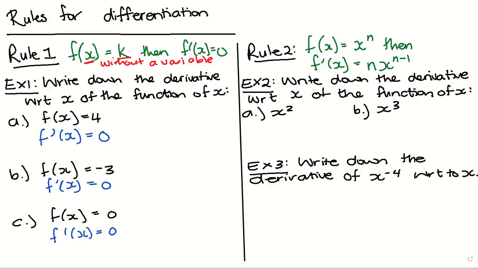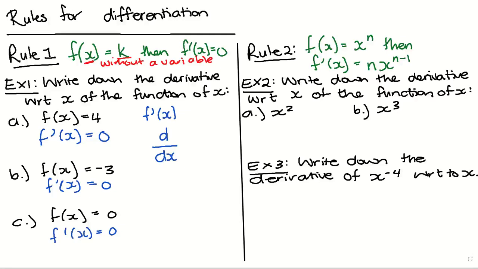Now, this takes me to a path where I can teach you about another way to write f dash x. So instead of writing the derivative like that, we can write it as the derivative with respect to x. We can write it like that.